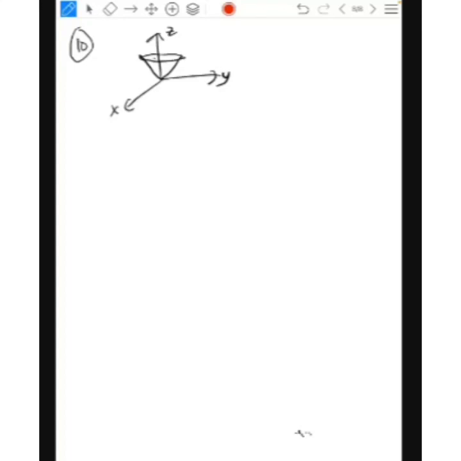Tapi dia kata apa? Dia kata dia ada z equals to 1. Plane z equals to 1. So dia berhenti sampai situ sajalah. Okay. However, there's no sphere, but then the question still asks us to use spherical coordinate. Okay, is it possible? Of course lah, kalau soalan dah suruh tu means it's possible.